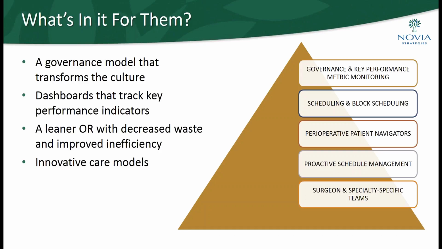Successes are celebrated. New initiatives are chartered by the operating room executive committee. There's a leaner OR with decreased waste and improved efficiency. And there are innovative care models, surgeon-specific teams, patient navigators. What can we do better to make the surgical experience a better experience for our surgeons and for our patients?